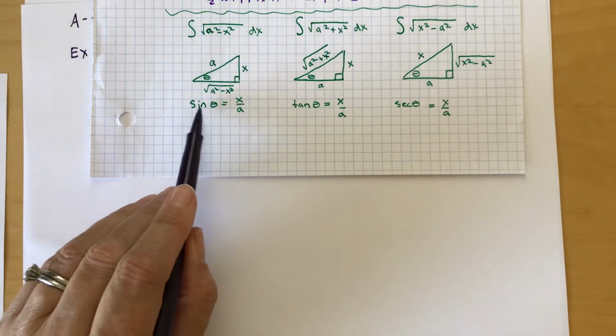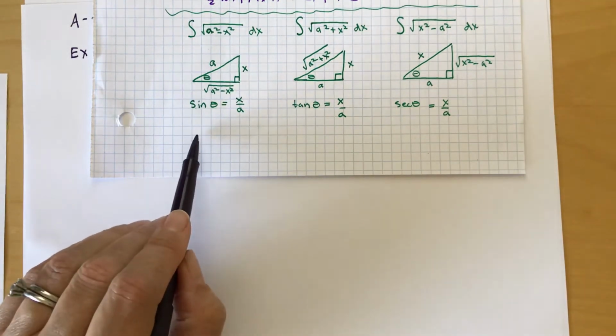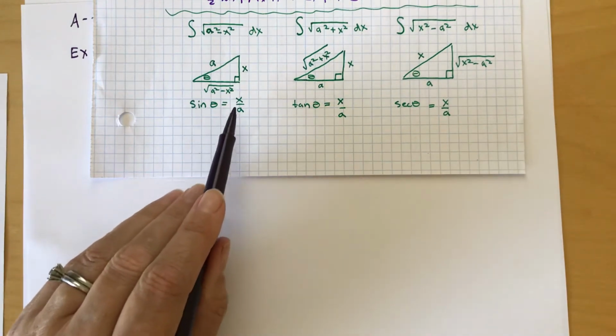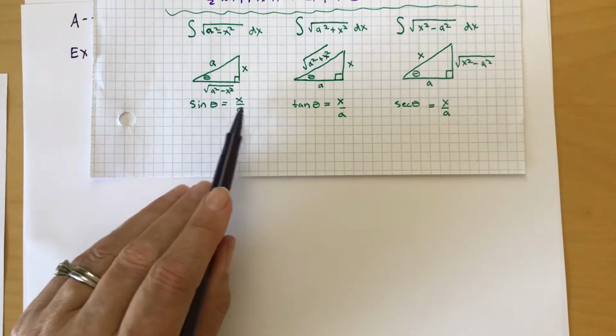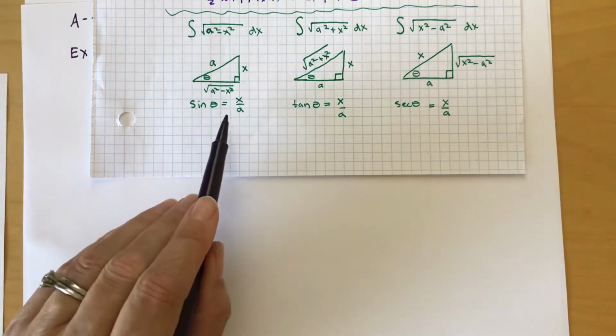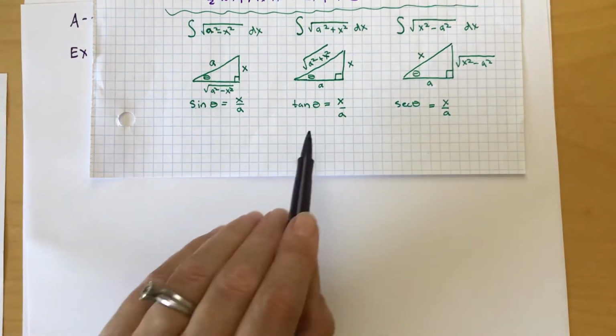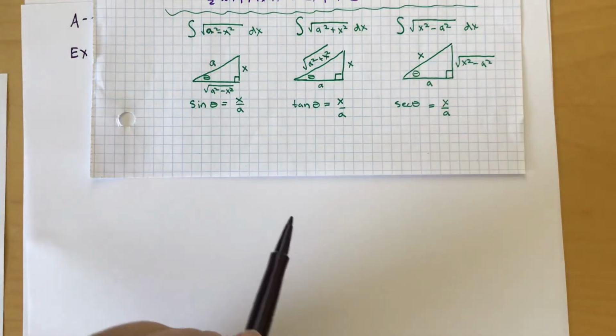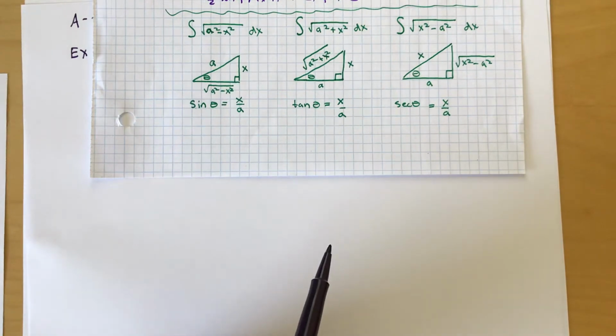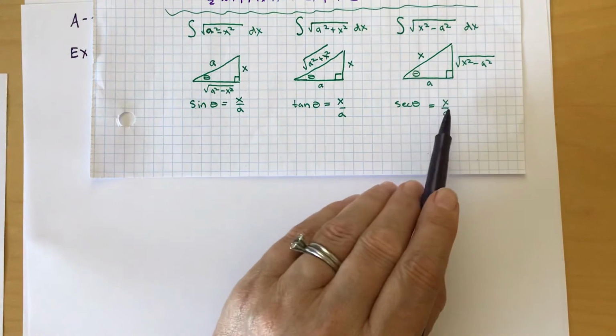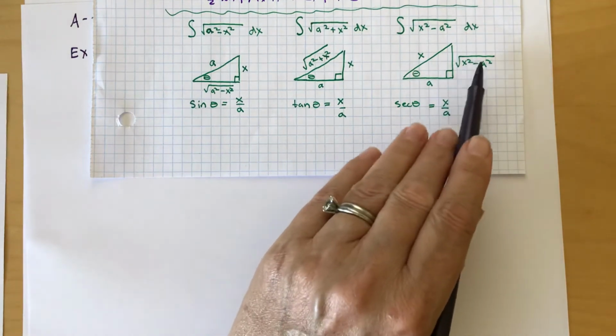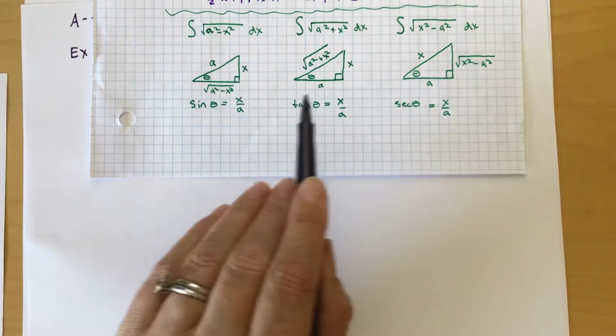I like that we're using sine for this, because the derivative of sine is positive, and having this be x over a is nice because it's easy to differentiate. Tangent and secant also have a positive derivative, and you want the expression over here to avoid using the square root side of the triangle.